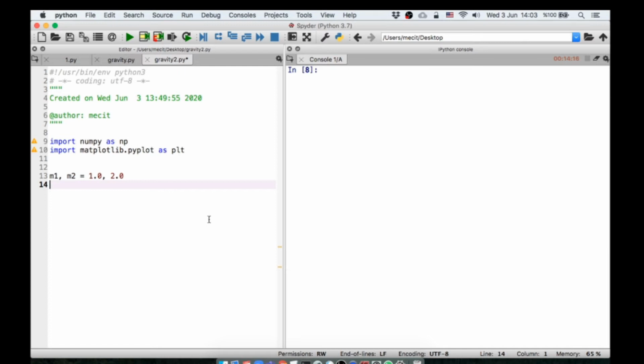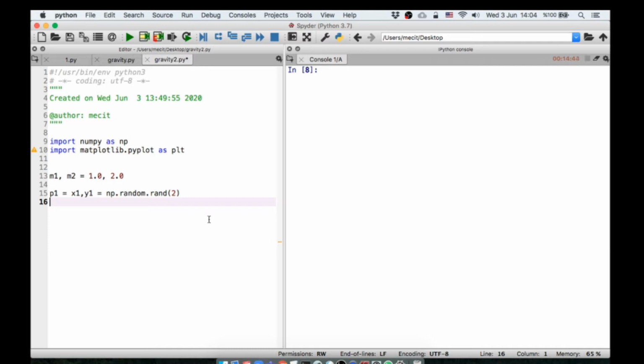Okay, now for the positions, let us say position of first mass x1 and y1 is, I always like to do this with random numbers so that my code is general. Therefore, I should be able to debug my code and see if I am doing things right.